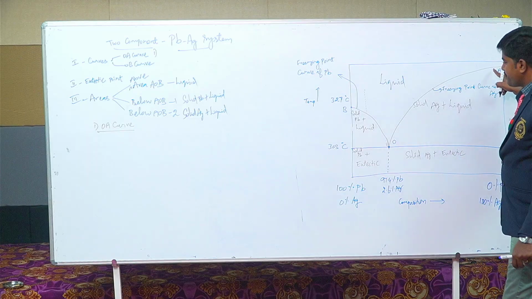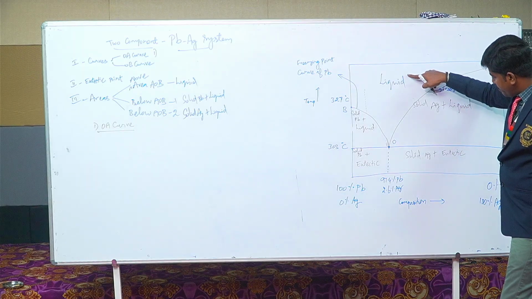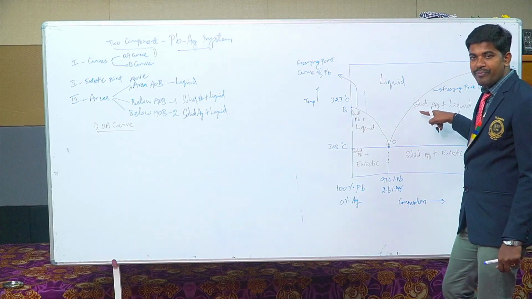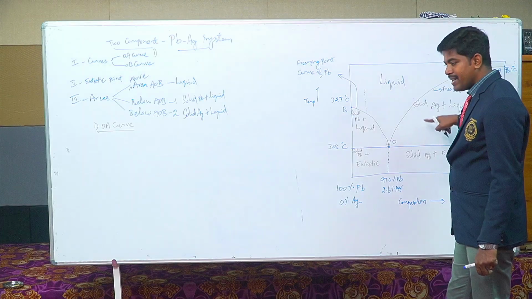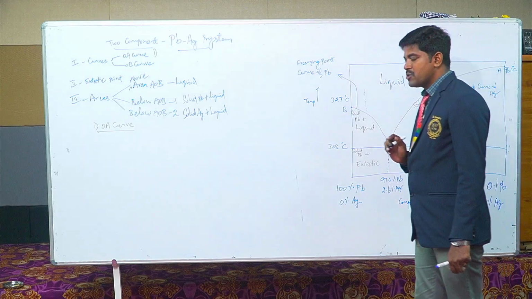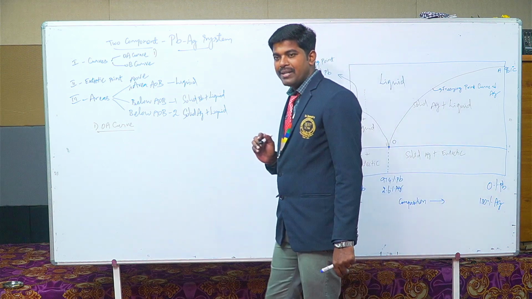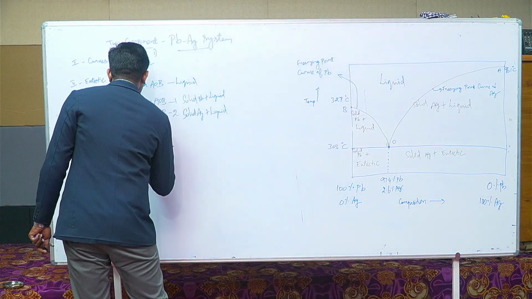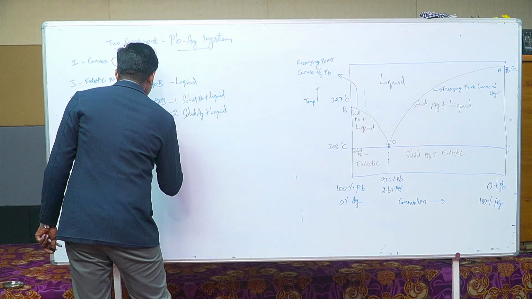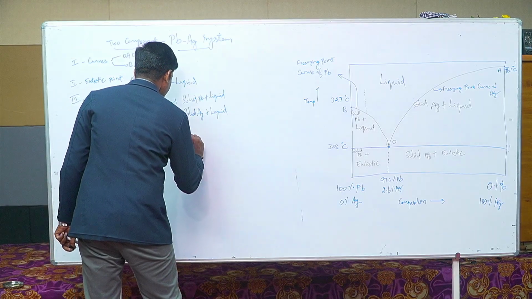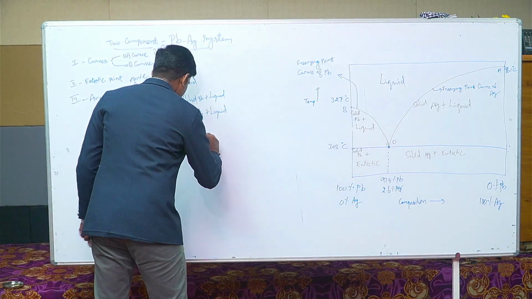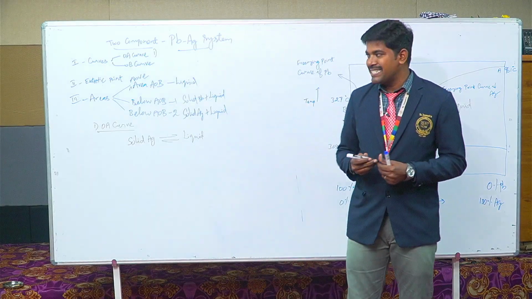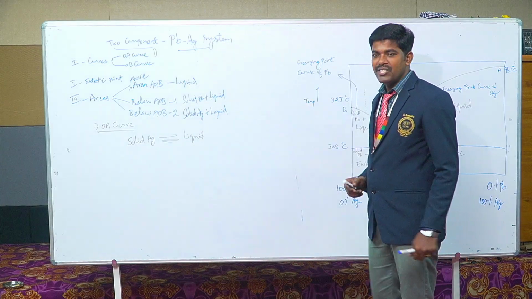The OA curve separates the liquid and the solid Ag. So at any point of the OA curve, the equilibrium exists between the solid Ag and the liquid.